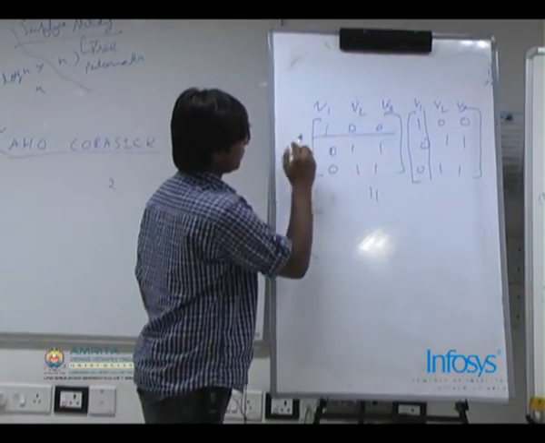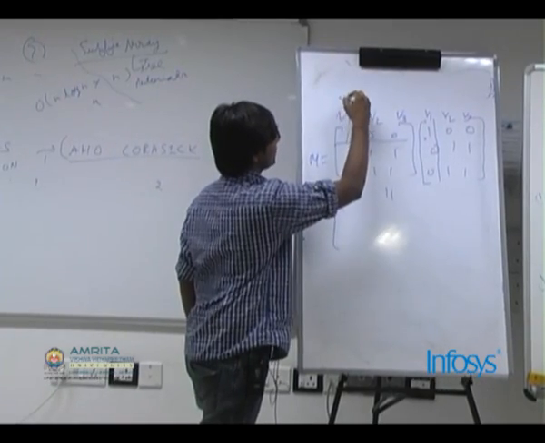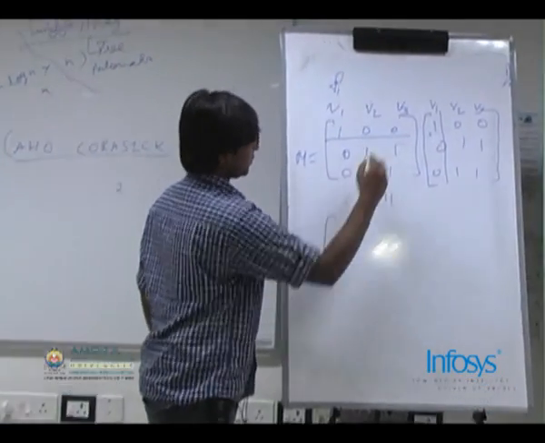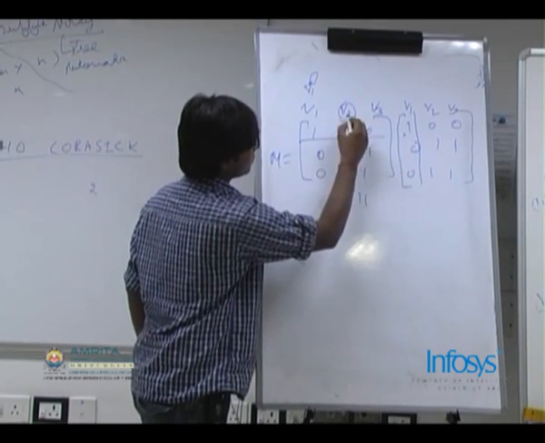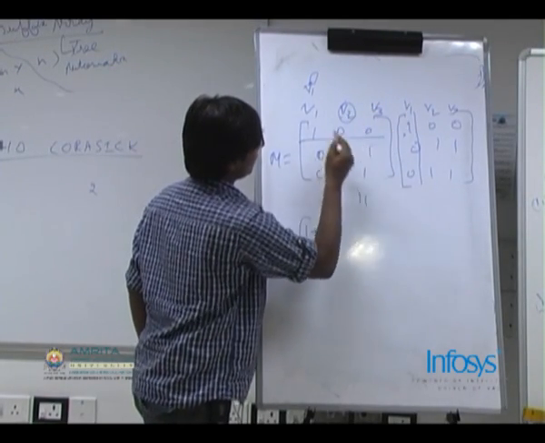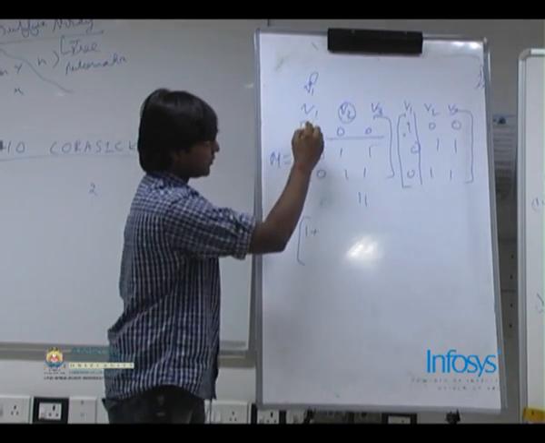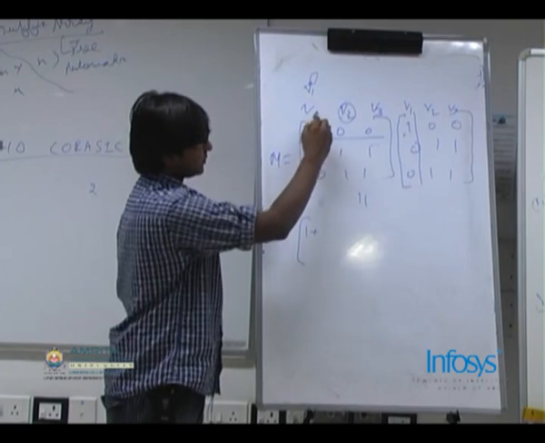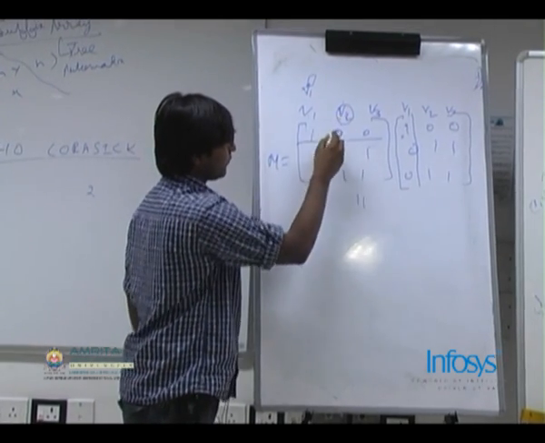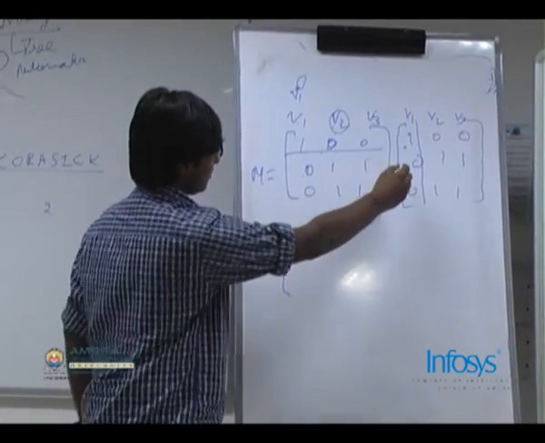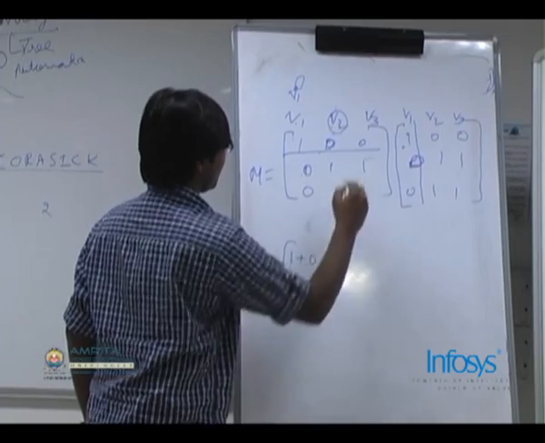So V1 to V1 denotes that I stay at V1, so it will be 1. This particular entry denotes that there is an edge from V1 to V1. This is V1 to V2. So if I am considering this particular edge, I can go from V1 to V2 in 0 ways. Similarly for V3.